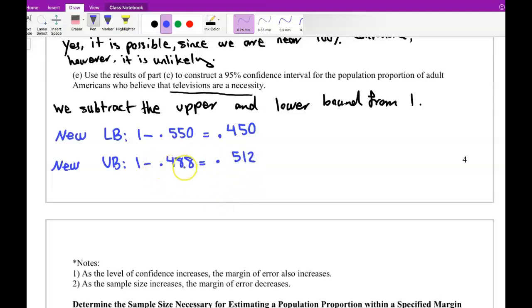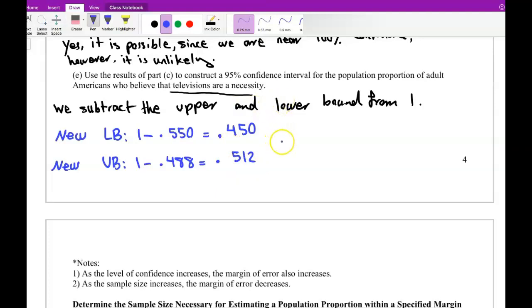You might say, okay, this one in part C was a lower bound. Why do I use that one here? Because if you use this one on top to find the lower bound, then the number here would be larger than this one. But for the final answer, you should consider which one is smaller than the other one. The smaller one is the lower bound and the larger one is the upper bound.